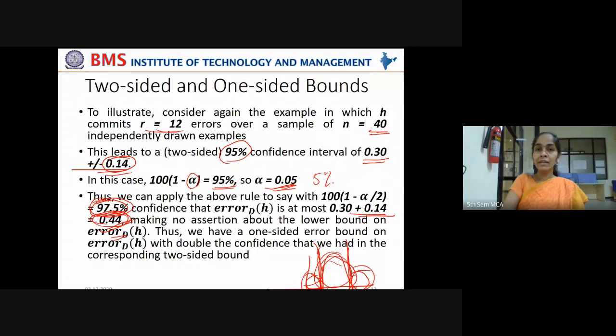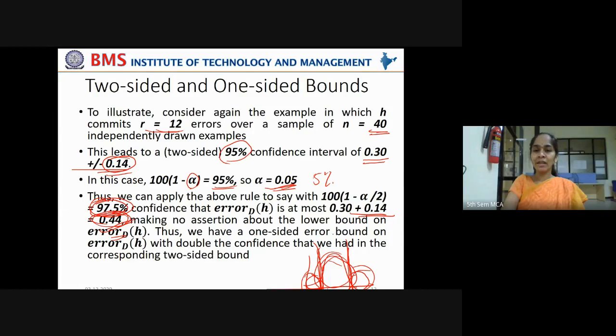To calculate the interval on the lower side, you have to give 0.30 minus 0.14 when no upper bound assertion is maintained. Now, to calculate the upper bound, when no lower bound assertion is maintained, it is 0.30 plus 0.14. It will give you the positive interval, right?